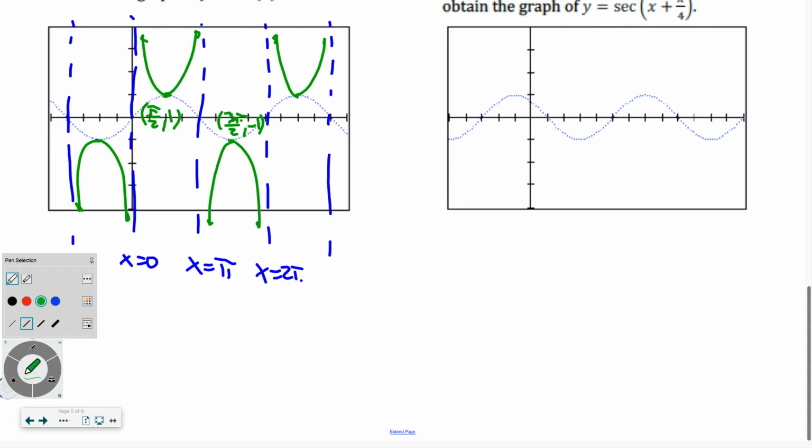One of the things people a lot of times make a mistake on is if I say graph a full period, or if I give you a graph and say, what is the period? You look at this and say, oh, from here to here is pi, so my period is pi. But that's incorrect. I need to have one of the ones that goes upwards and one of the negative ones. So the period is still 2 pi. Don't just look at one branch of it and say that that's the whole thing.